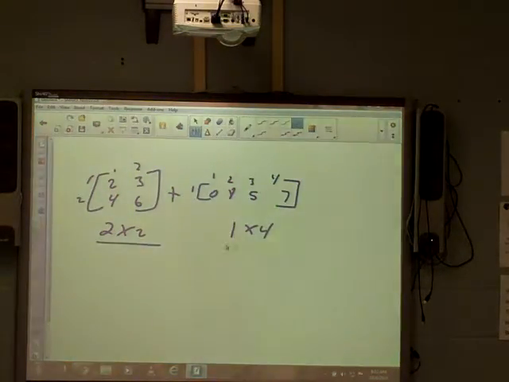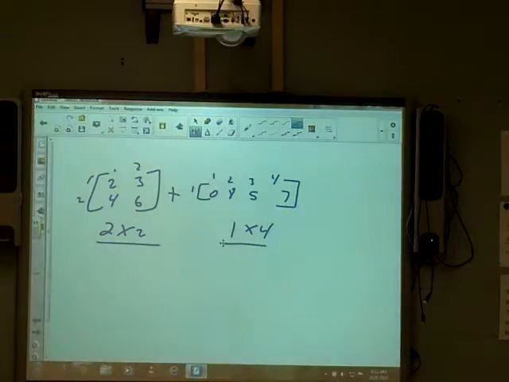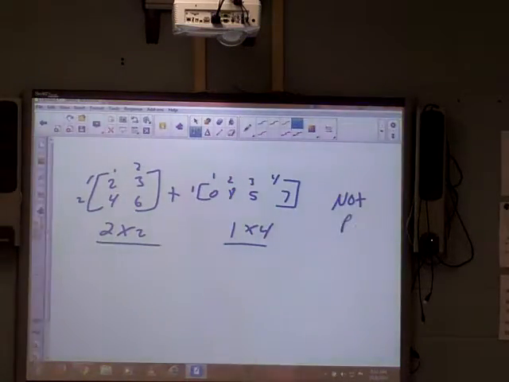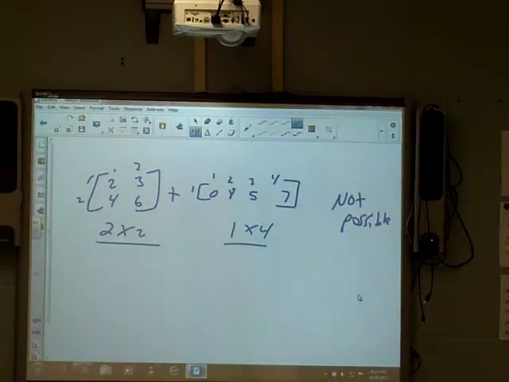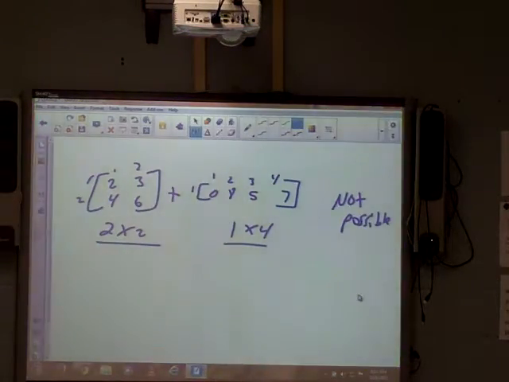So those are not the same dimensions, so I can't add those. If they tell me to add that, I'm just going to write not possible. Got to be the same dimensions to add and subtract. Okay, there's a different rule when we check multiplication, but for adding and subtracting, they got to be the same sizes, the same dimensions.